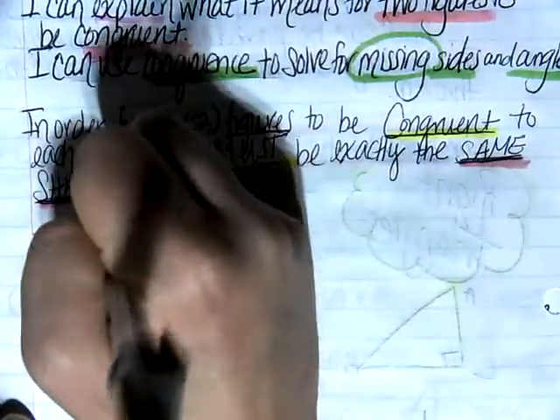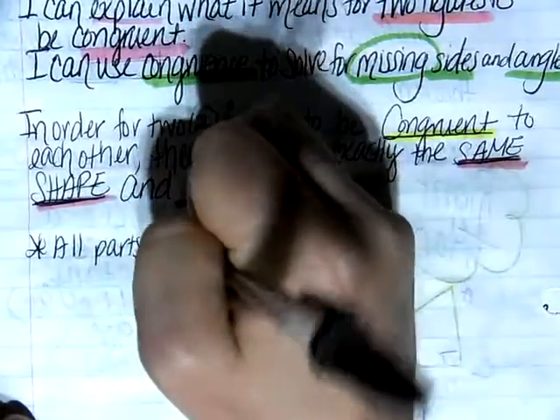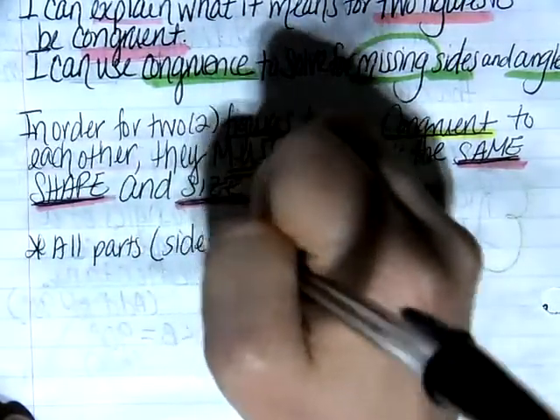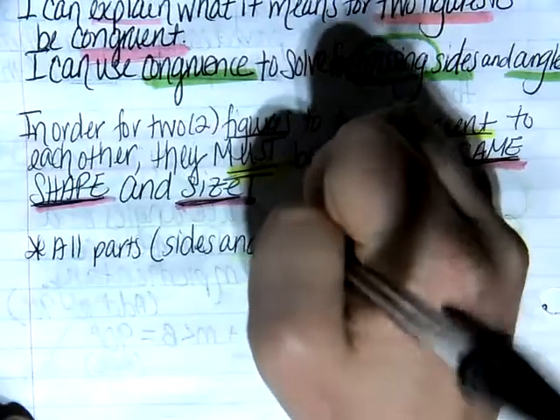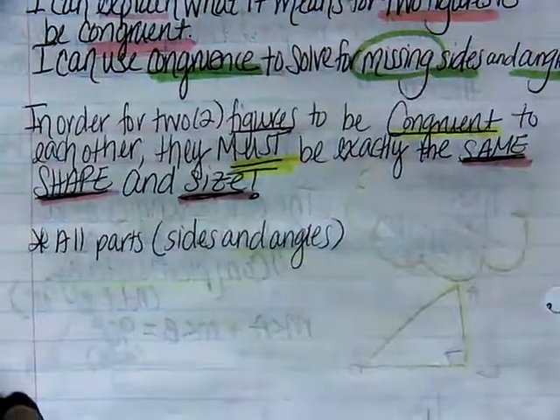So this means that all parts, that means sides and angles, those are the parts that make up shapes.